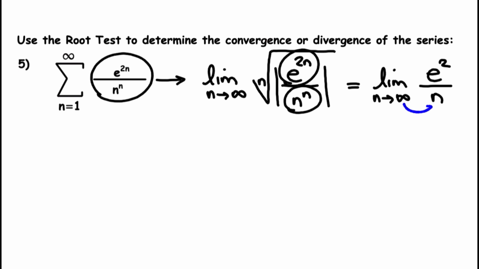If you put the infinity in here, you get e squared over infinity, and that's equal to 0. Then, of course, we always compare what we got to 1. Since 0 is less than 1, the root test tells us that this series is going to converge.